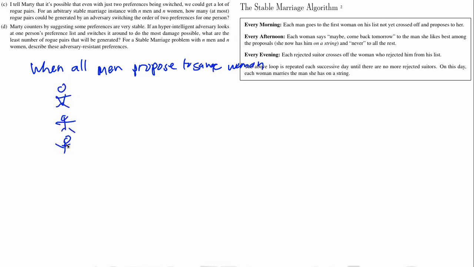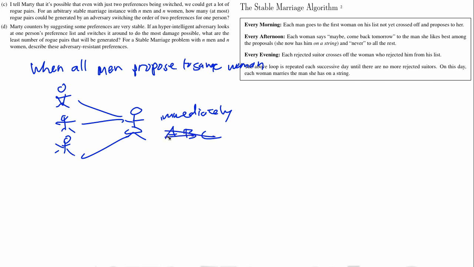Okay. Now the intuition is similar for women. The key is when all men propose to the same woman. Let me just draw it out here really quickly. The woman is immediately paired. So we have A, B, C, or B, A, C, reordered.